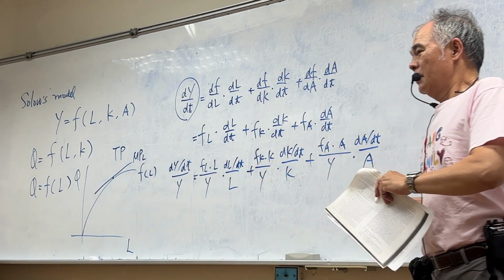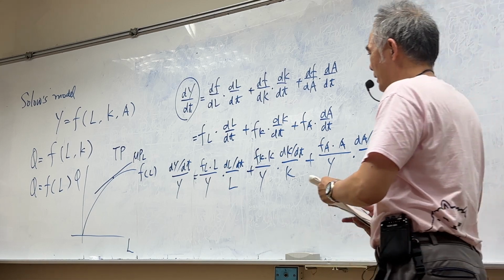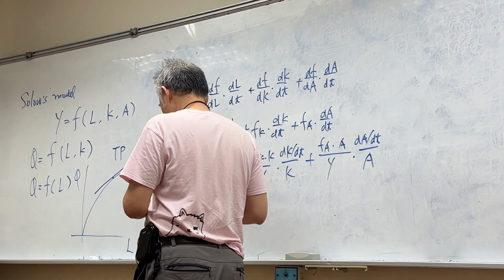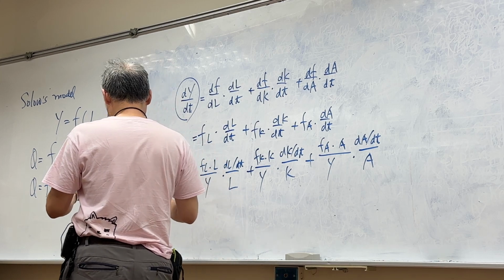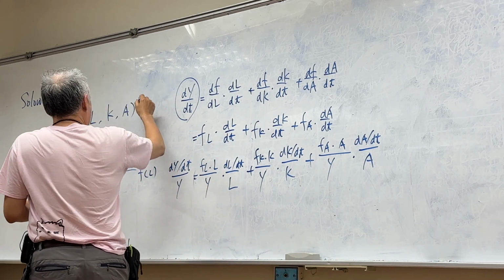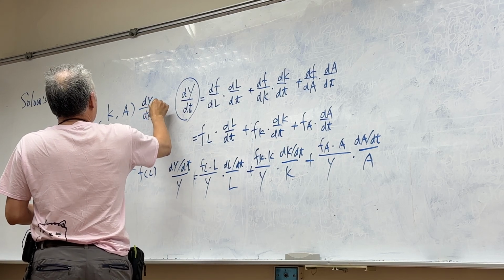In terms of economics, when you do the algebra, do the mathematics here, usually there is a little manipulation. The purpose is to get what we really want. And so then let us change the notation a little bit. So let dY dt be Y dot.